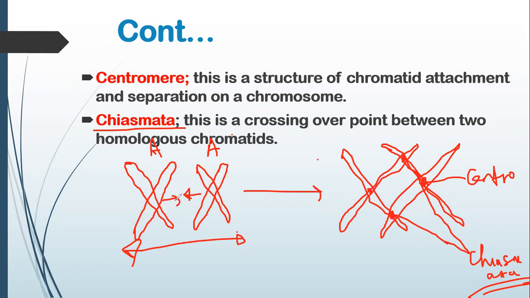And after replicating, they will come close to each other and they end up crossing, and the chromatids will end up crossing at the extreme ends, here and also here. Now this point where the two chromatids join each other, like how you can see, is known as the chiasmata. In plural, you can call it chiasmata. If it's one, it is chiasma.